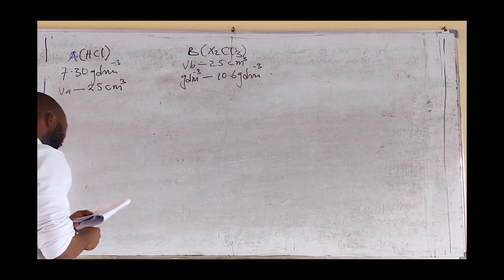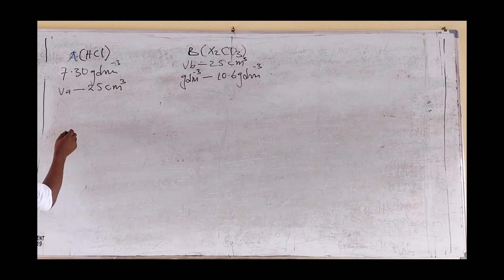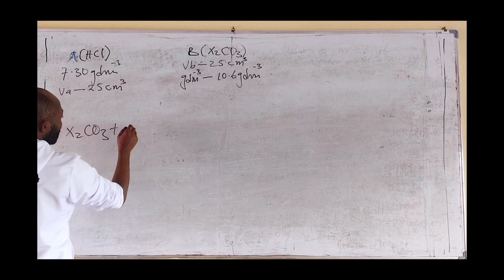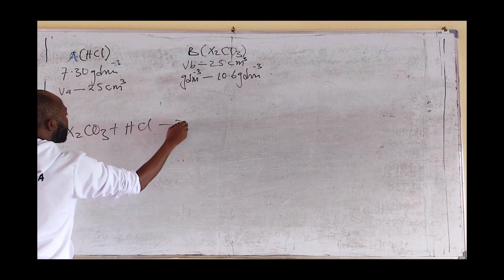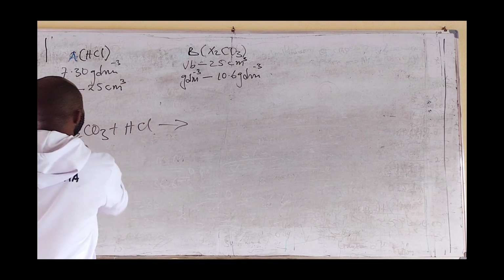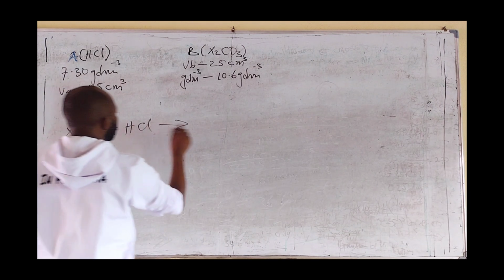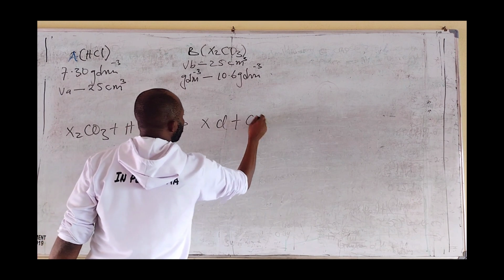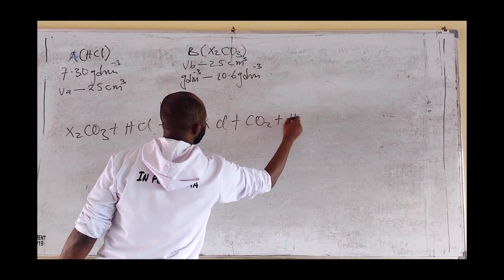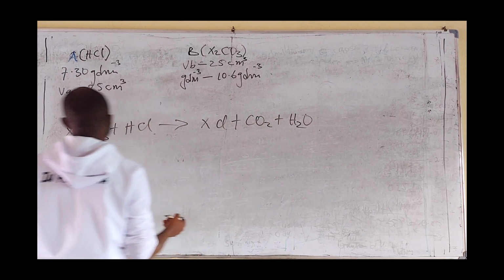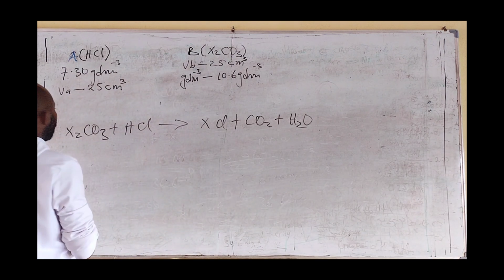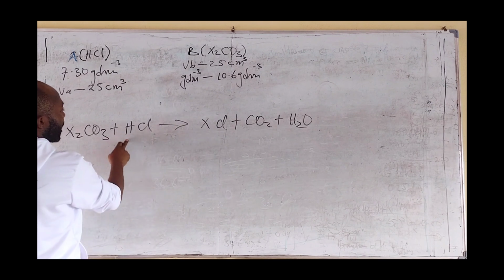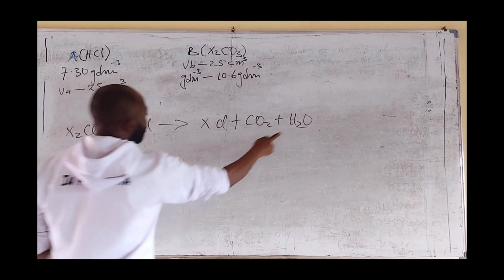Okay. Equation of reaction, they give us, from here we have X2CO3 plus HCl. So this will give us X chloride plus CO2 plus H2O. Now we have 2X. One hydrogen here, we have 2 hydrogen here.